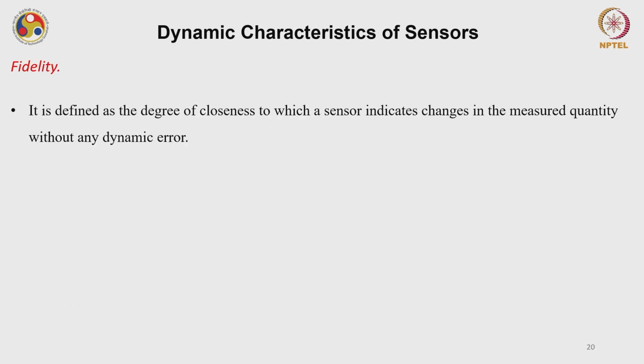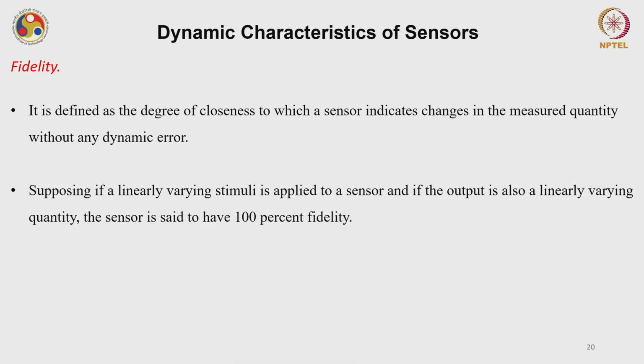Then third is fidelity. It is defined as the degree of closeness to which a sensor indicates changes in the measured quantity without any dynamic error. We will define the dynamic error in the subsequent slides. Suppose a linearly varying stimulus is applied to a sensor, and the output is also a linearly varying quantity.